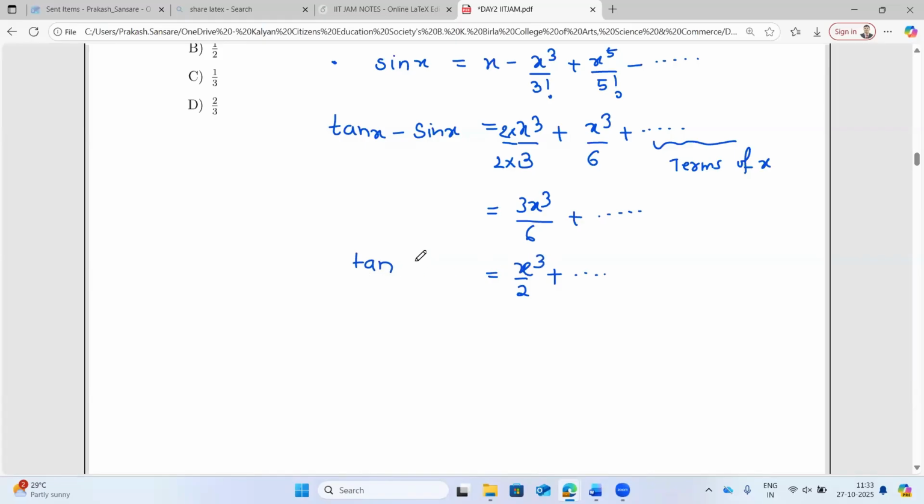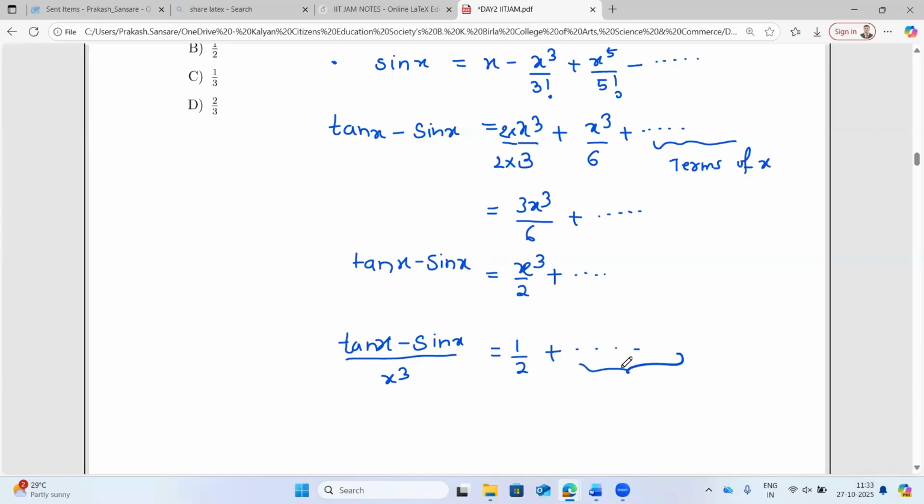So tan x minus sin x is this. Now I'll divide by x cube since x is not equal to 0. So tan x minus sin x upon x cube will be half plus dot dot.